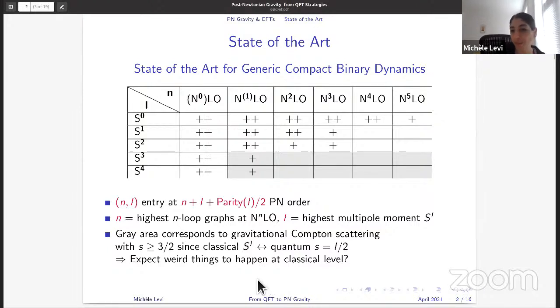We expect weird things to happen, and we don't know if we will also see them at the classical level, or from which spin we will see them. Let's say that spin to the third, cubic in spin, is the first sector where we should take notice, because of the various classical features that we see.